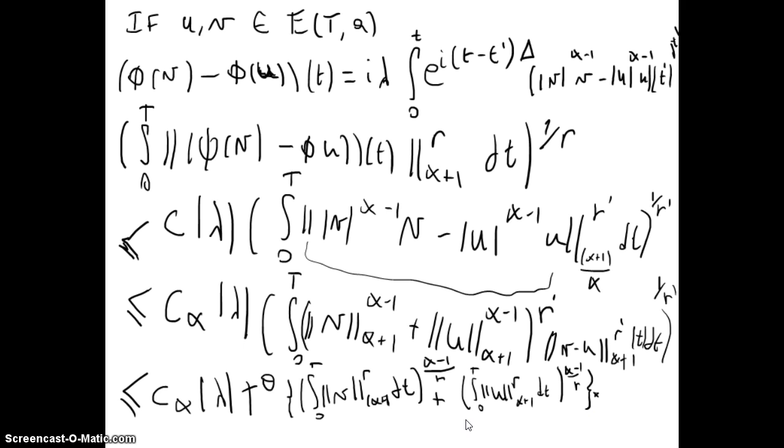I'm going to write it down here. Now it has to appear, this is the integral between 0 and t of v(t) minus u(t) in L^{alpha plus 1} dt, and now we already changed the exponents, so now we have 1 over r. Okay, so we have the bound using similar ways of the difference of phi v and phi u.